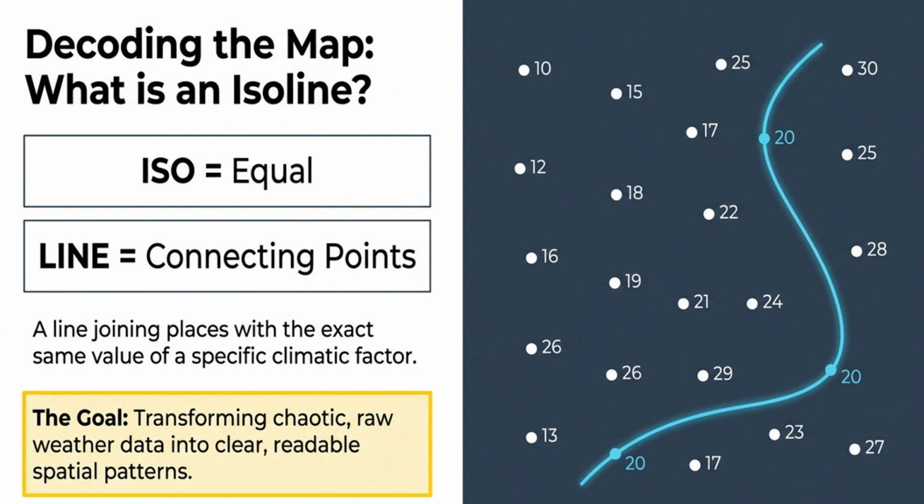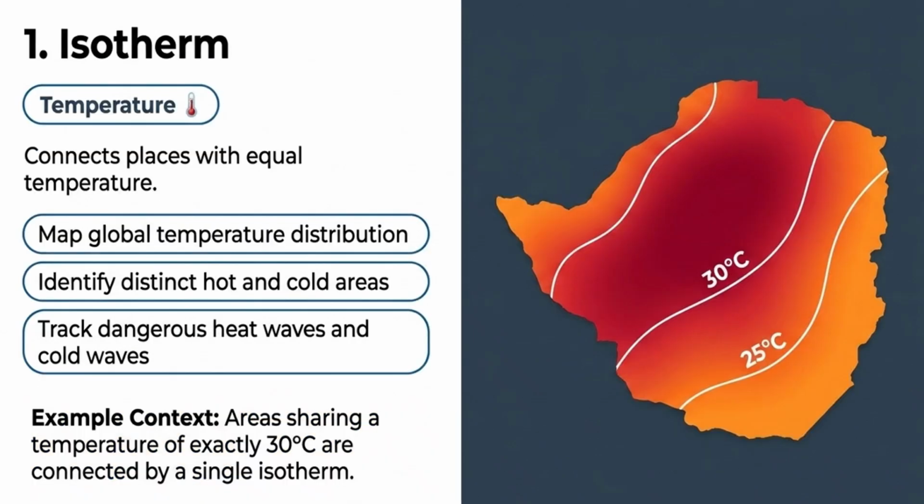Now that we know what an isoline is, let's learn about the different types of isolines used in climatology. The first type of isoline is isotherm. An isotherm is a line that connects places having the same temperature at a given time or over a specific period.